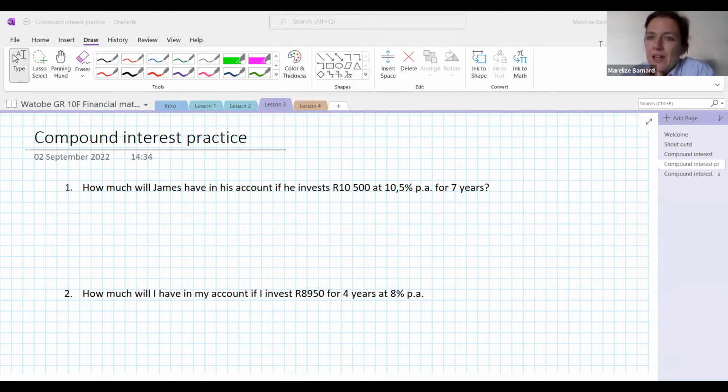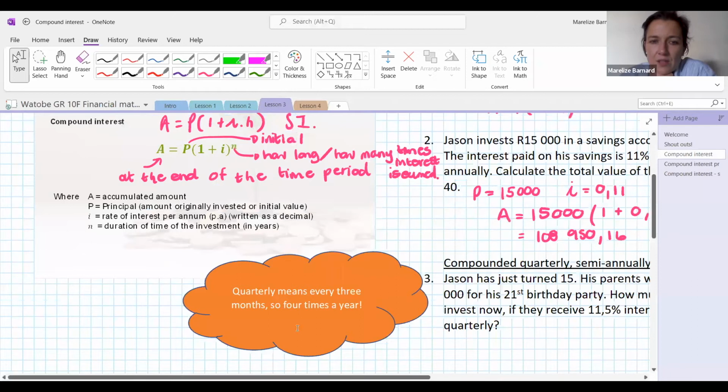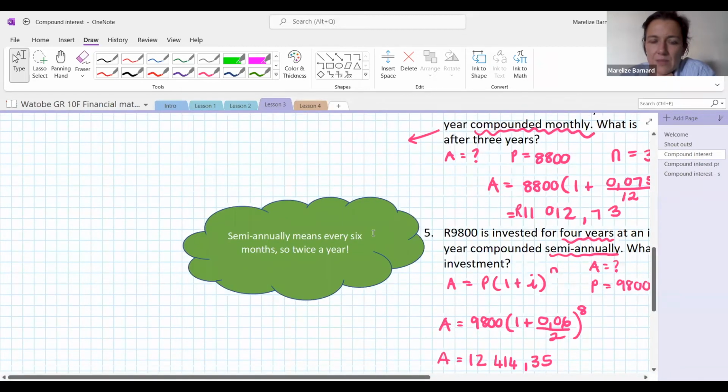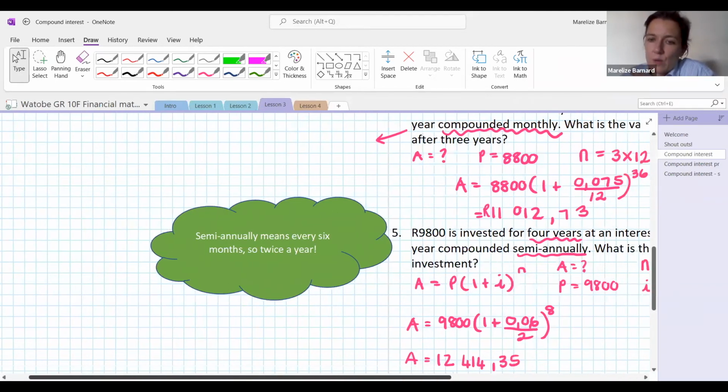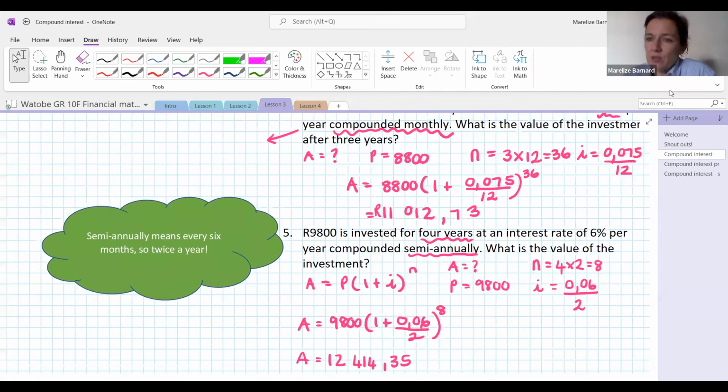Semi-annually means you get your interest twice a year, and that's why we divide the interest rate by 2 and we times the time period by 2, because for each year you're going to get interest twice. So that's why we times by the 2. But the interest rate is split over 2 compounding periods, as we call them. So you have to divide your interest rate by 2.